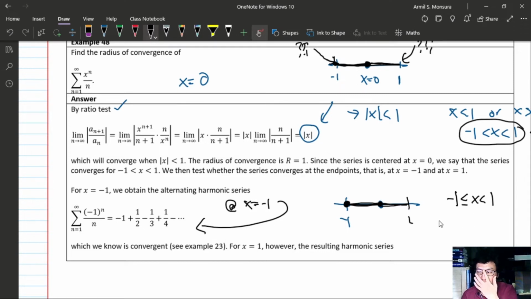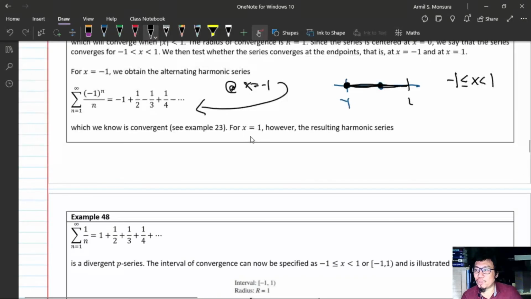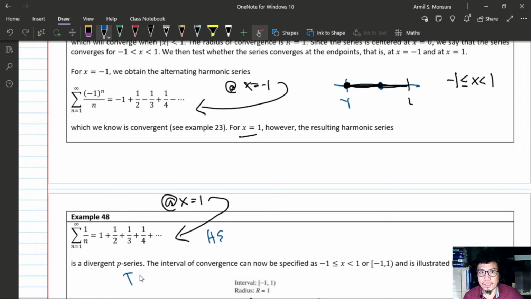However, for x equals 1, your series becomes this, which is the standard harmonic series, or the positive harmonic series, which is a divergent P-series. We know that this is divergent by theorem 11.